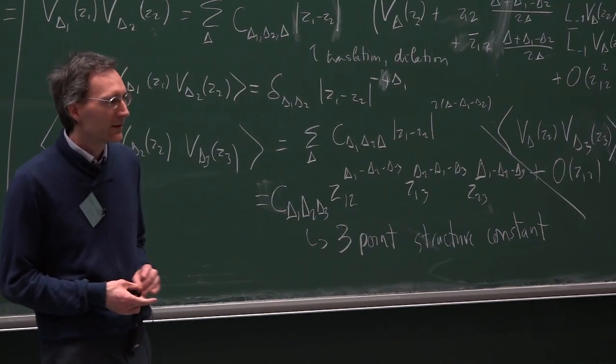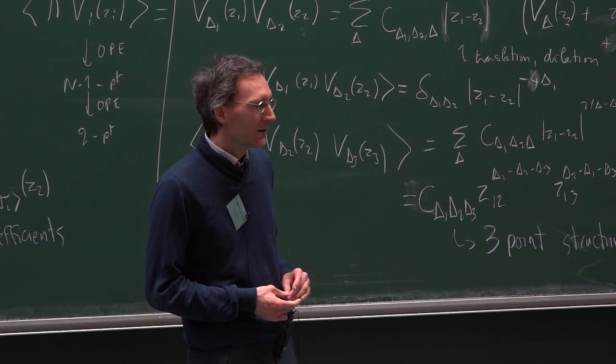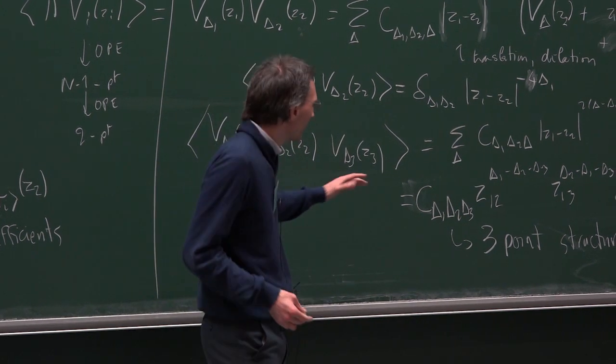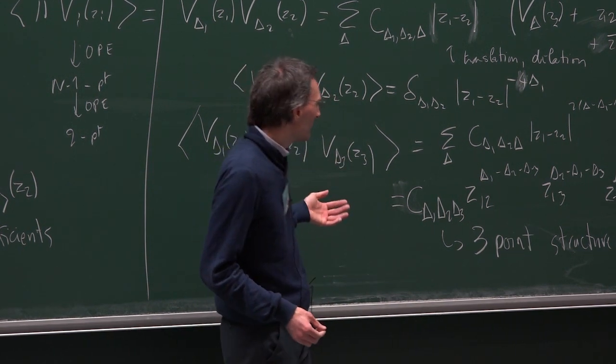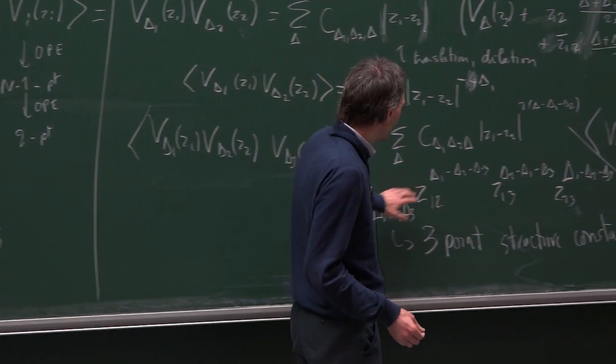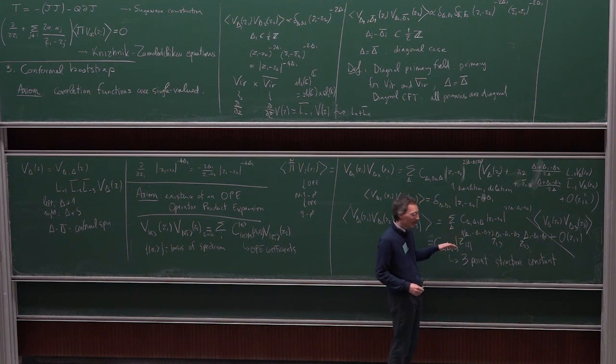Yes? Is this valid only for the diagonal case? I'm sort of missing the barred weights. The question is whether this is true only for the diagonal case. The answer is no, it's true even for the non-diagonal case. Indeed, even in the diagonal case, I should write modulus squared like that to take into account the right movers.